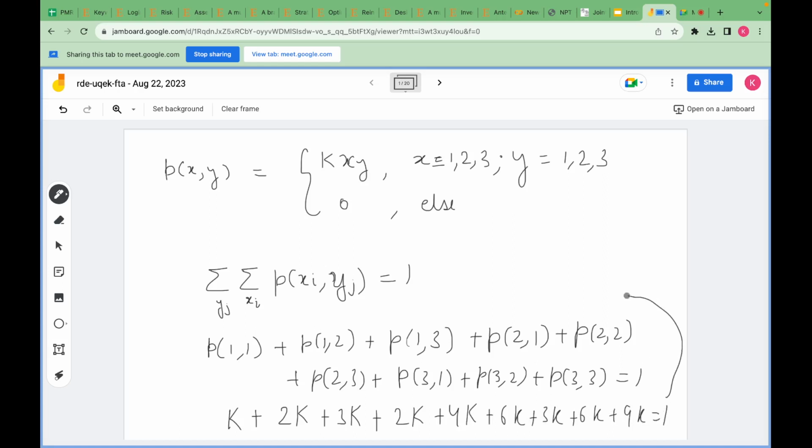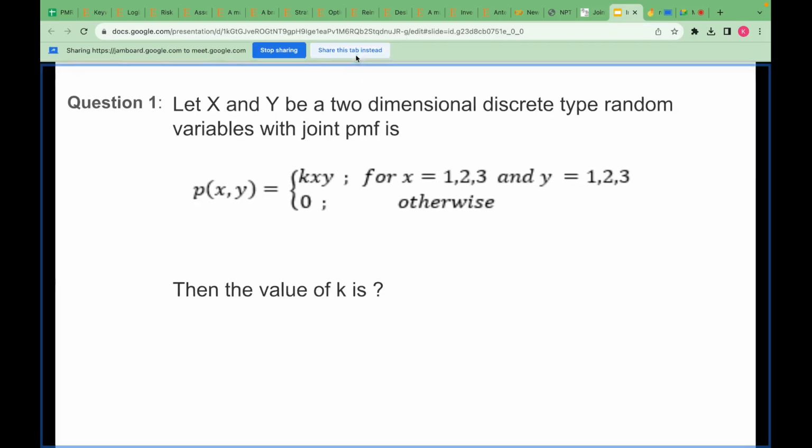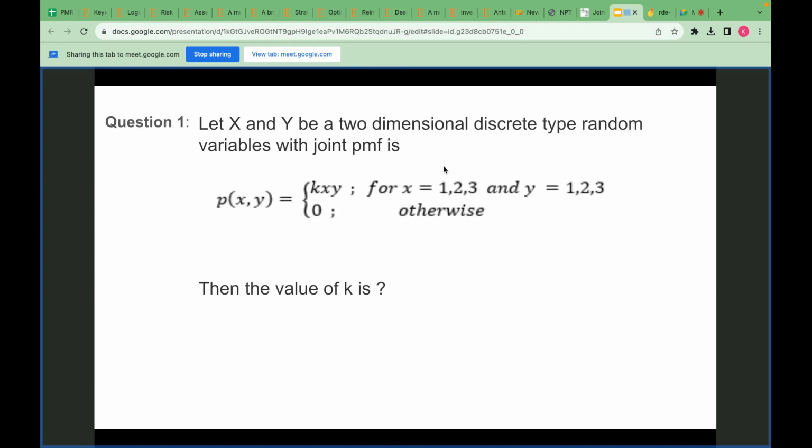From here we get that k is equal to 1 by 36. So we found the value of k.